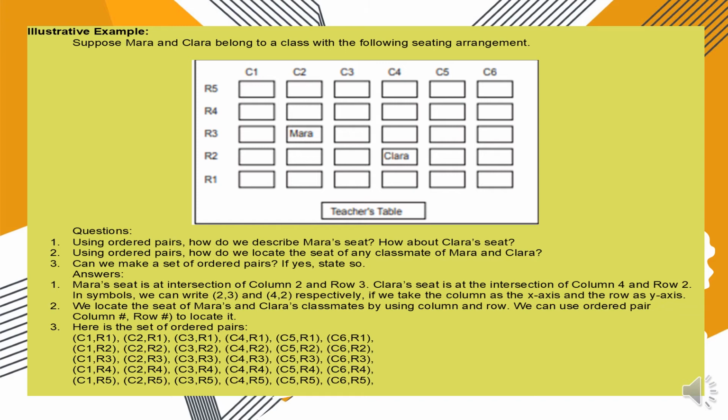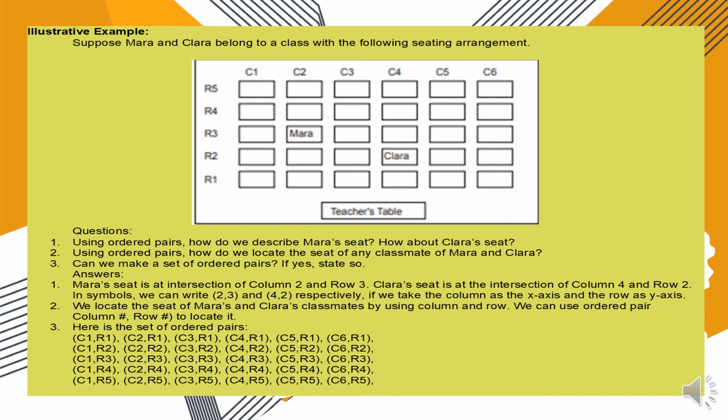So Mara's seat is at the intersection of column 2 and row 3. While Clara's seat is at the intersection of column 4 and row 2. In symbols, we can write through ordered pairs (2, 3) and (4, 2) respectively, if we take the column as the x-axis and row as the y-axis.